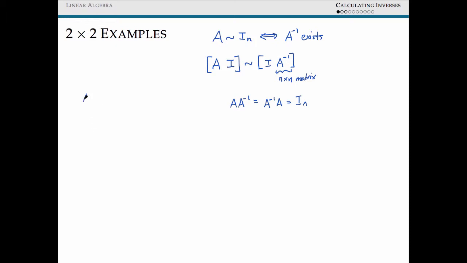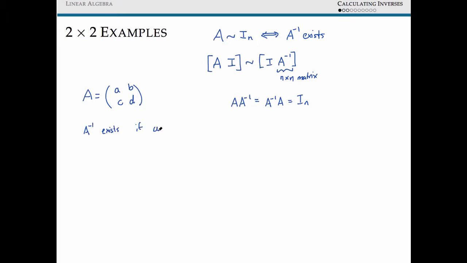So what we're going to look at today is, in general, assume we have a matrix A, B, C, D. It turns out a sufficient condition for A inverse to exist is AD minus BC not equal to 0.